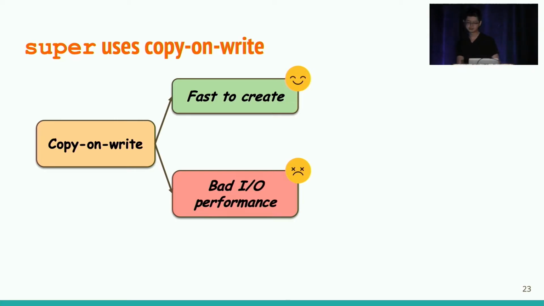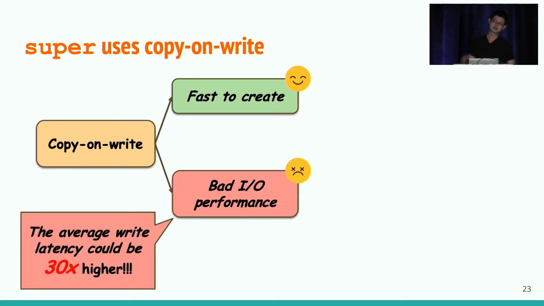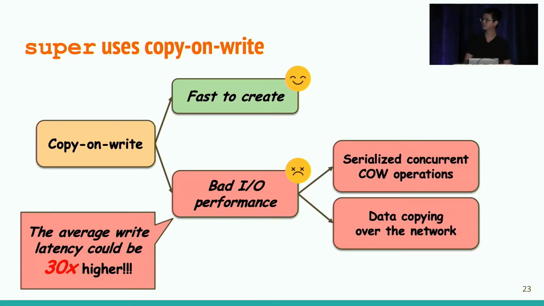And our experiments show that on some existing copy on write implementations, the average write latency could be 30 times higher. To provide explanations, we instrumented the open source distributed storage system Ceph and discovered two major reasons. One is that concurrent copy on write operations are forced to be serialized due to bottlenecks at the allocation table.